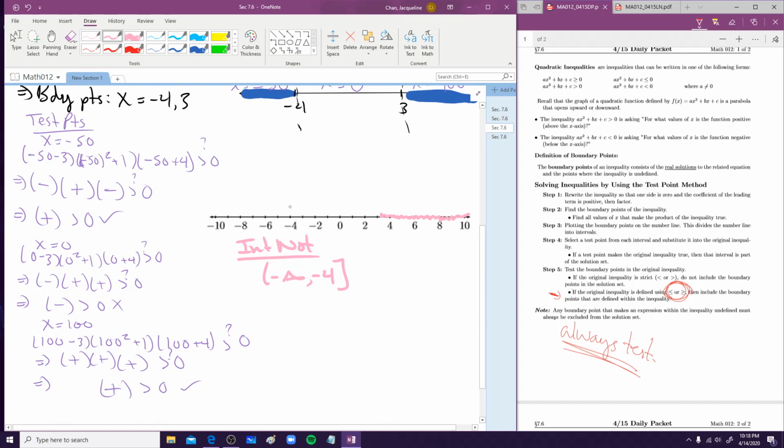Our boundary points are not included. So, big circles. This is a circle, this is a circle, and then we color. So instead of brackets, this is parentheses. There are 2 intervals, so I have to union them. So it becomes 3 to infinity.